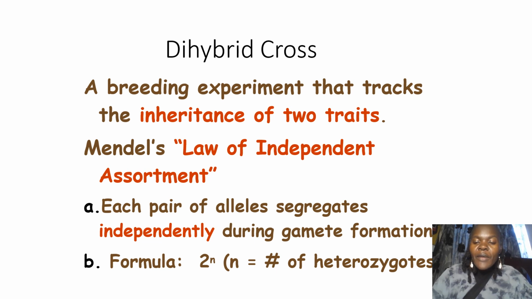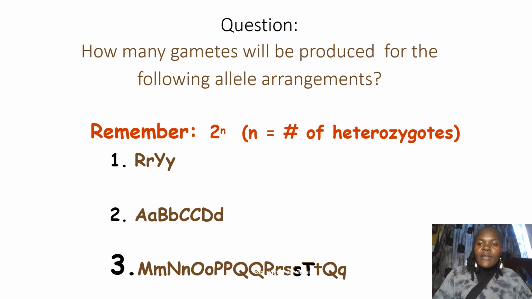And in generation of gametes, we are talking about identifying the number of heterozygous. And the formula for identifying the number of heterozygous, so that you can see the number of gametes which are generated for any cross, is 2 power n, where n represents the number of heterozygous.